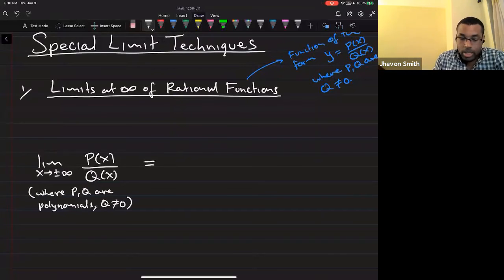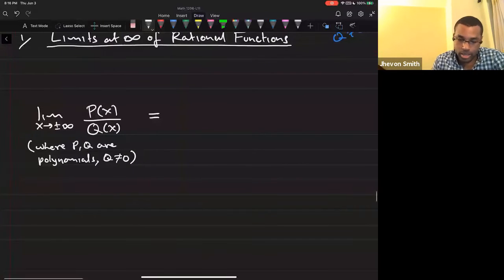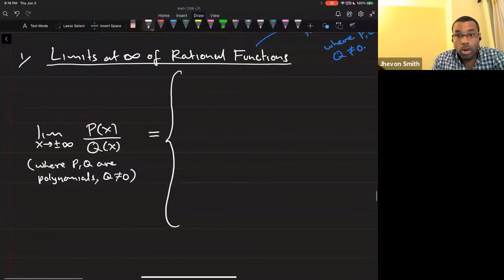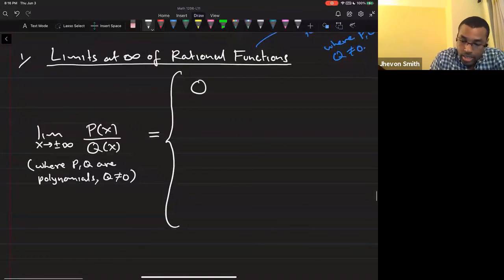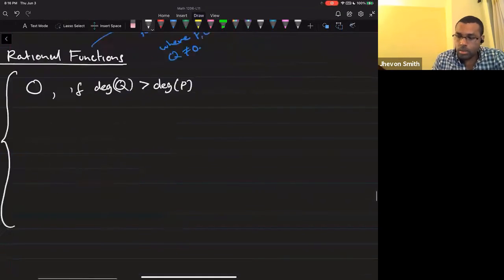It turns out that there are only 3 things that can happen in a situation like this. Only 3 things. One possibility is 0 will be the answer, specifically the number 0. And this happens if the degree of q is greater than the degree of p.